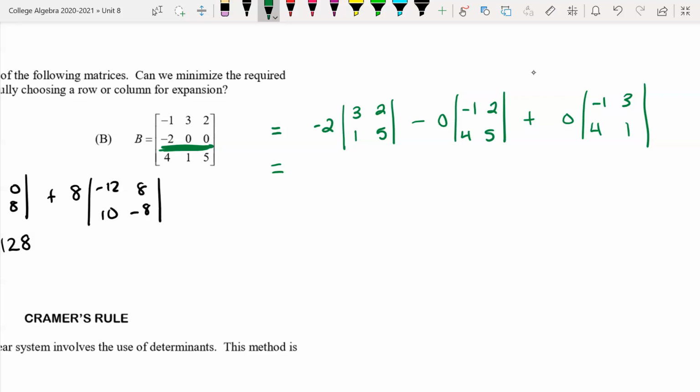So when you do this, I'm going to have negative 2 times, that would be 15 minus 2, which would be 13. It's going to be minus 0 plus 0. So the determinant should be negative 26.